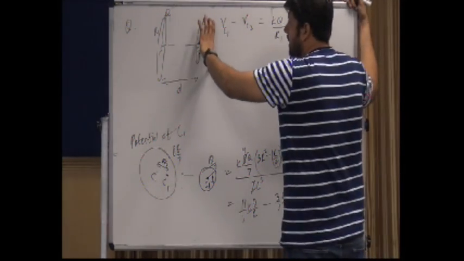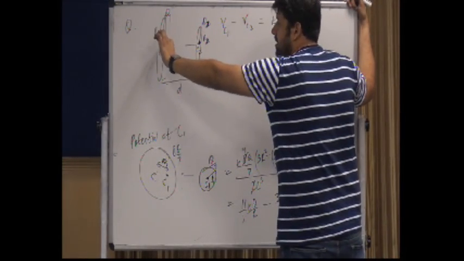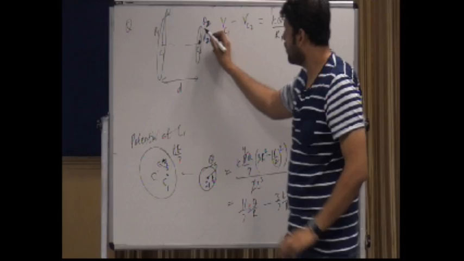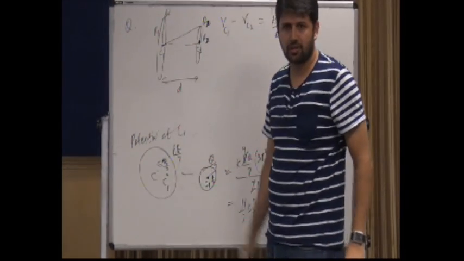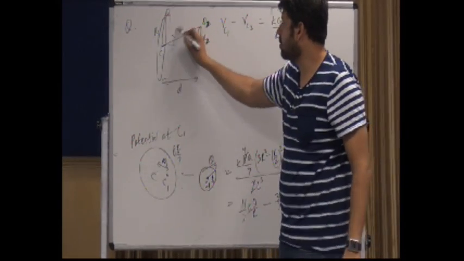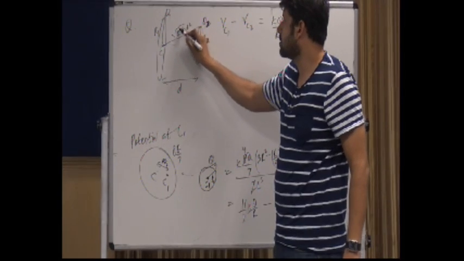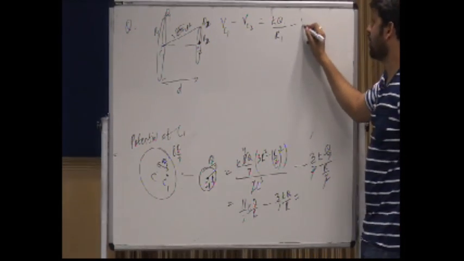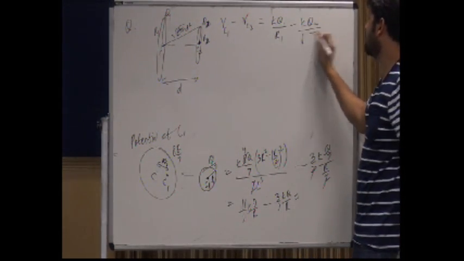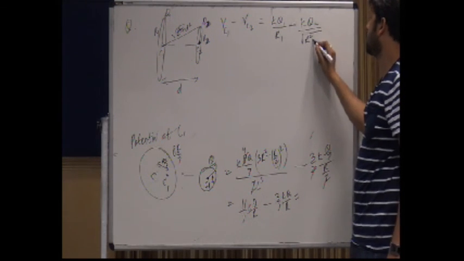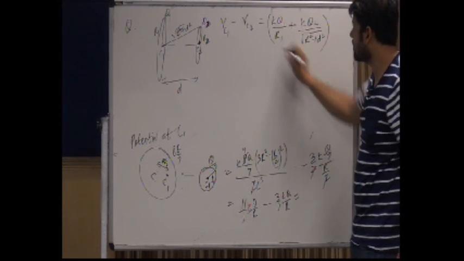The potential due to the first ring at its own center is this. Potential due to the second ring at C1 is how much? For this ring you need to draw the hypotenuse, which would be under root r² + d². So the potential would be kQ2/√(r² + d²). This is the potential at C1.